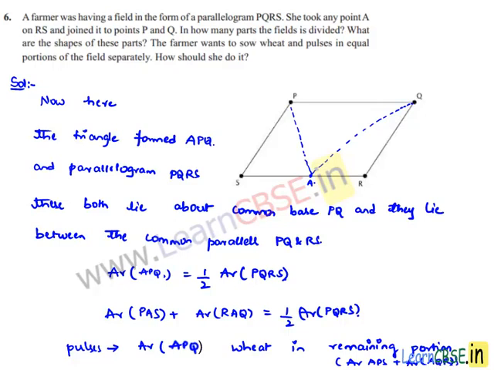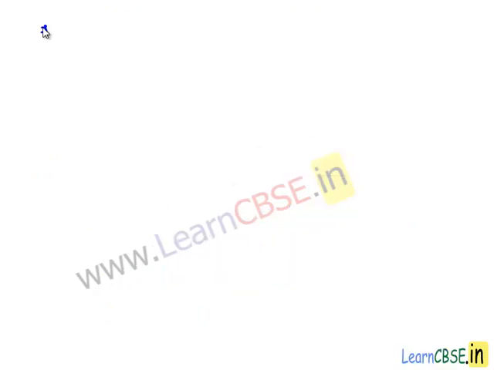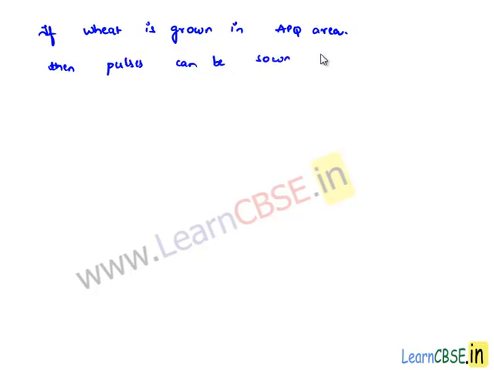And similarly if wheat is grown in APQ area which covers the half of the parallelogram, then pulses can be sown in remaining area, that is area covered under triangle APS and AQR.